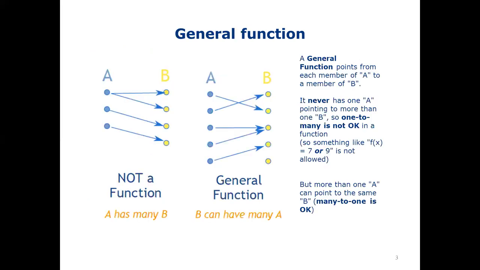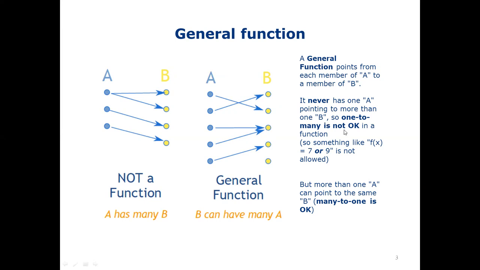A general function is where every A is pointing to a member of B. So one to many is not there, one to one is there. From A it is pointing to B, but a single A cannot point to multiple B's.